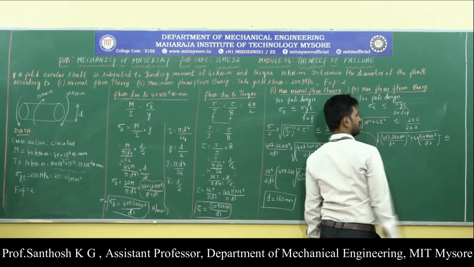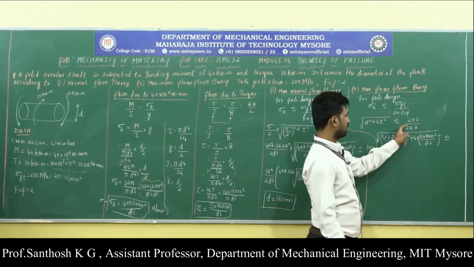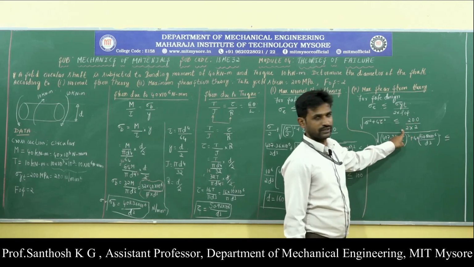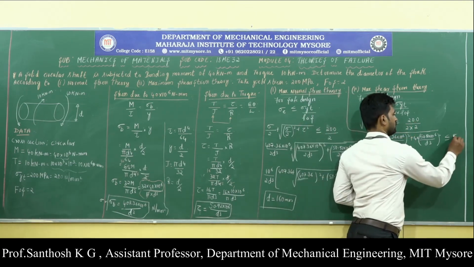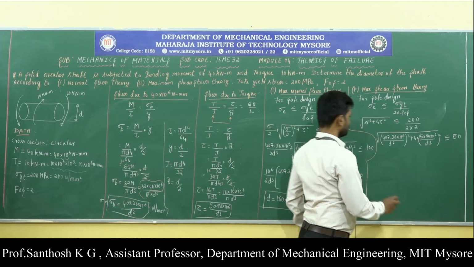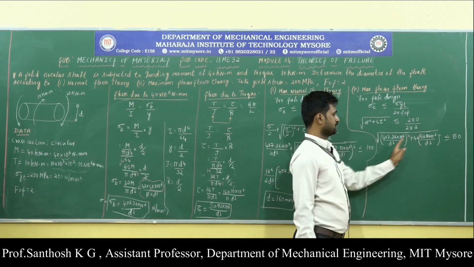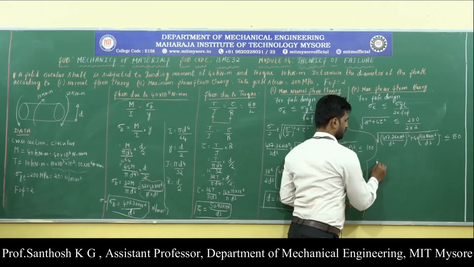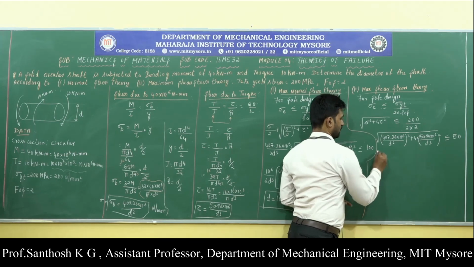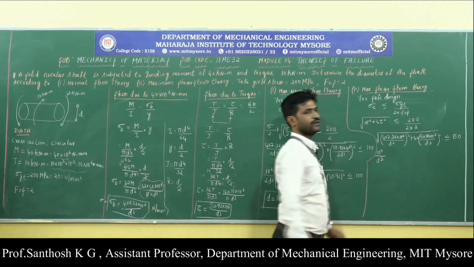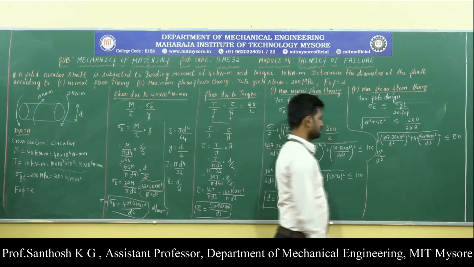So this should be less than or equal to 200 by 2, which is 100, and 100 by 2 is 50. If you observe these two terms, in the denominator we are having d cube common, and in the numerator we are having 10 to the power of 6 common.